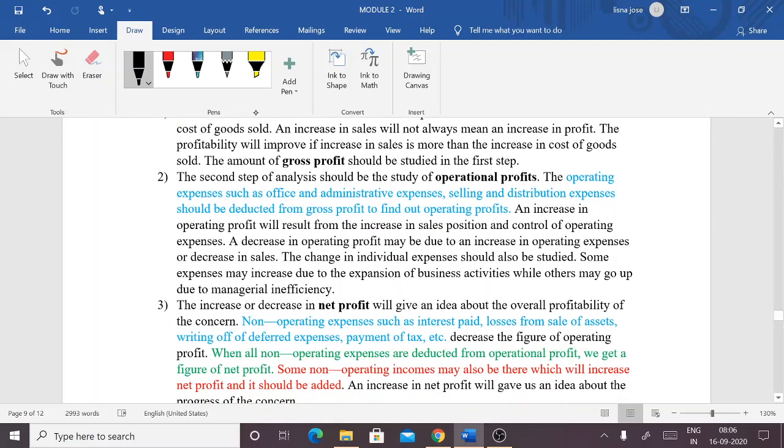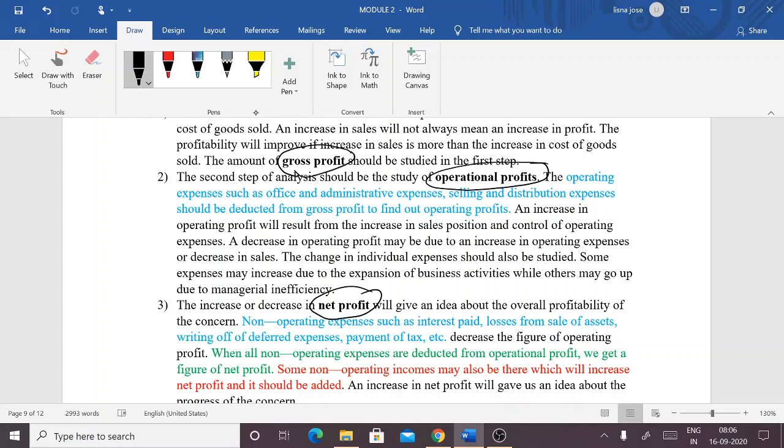So mainly 3 items are analyzed and interpreted in the case of income statement. The first one is the gross profit of a company, the second one is the operational profit, and the third one is the net profit.